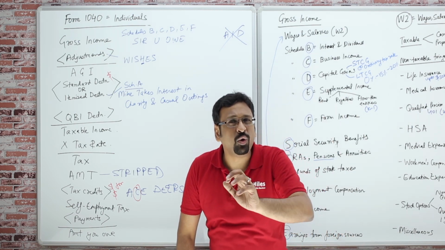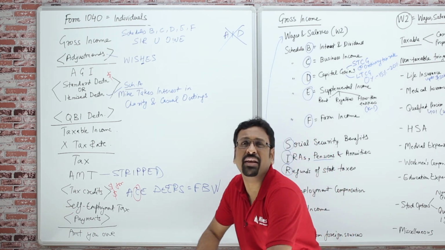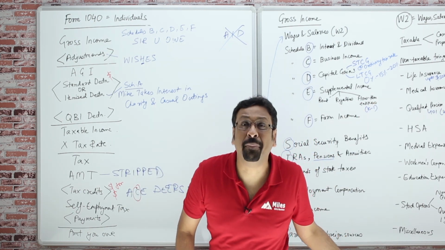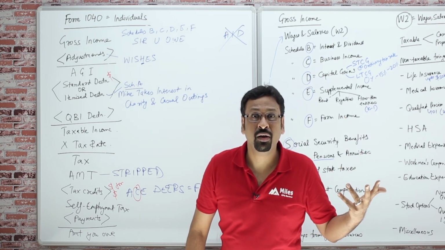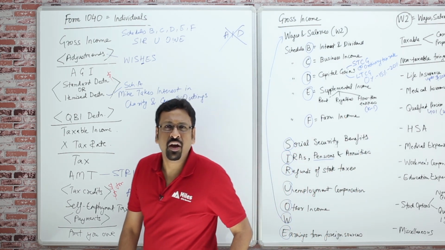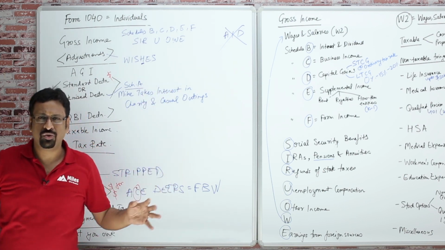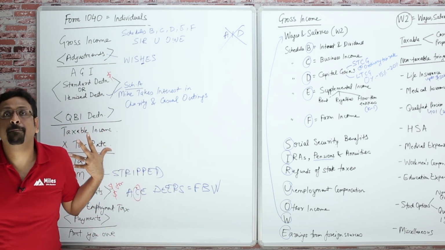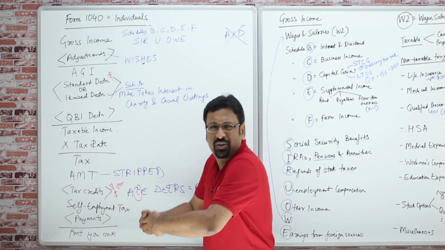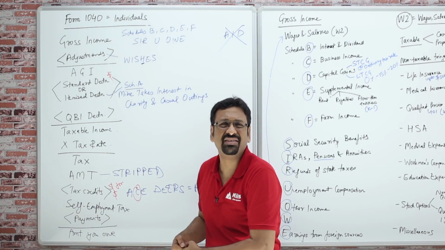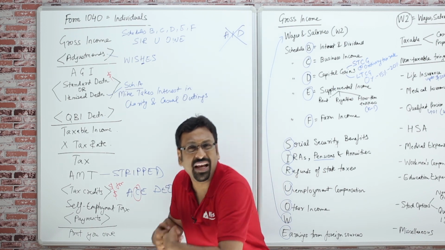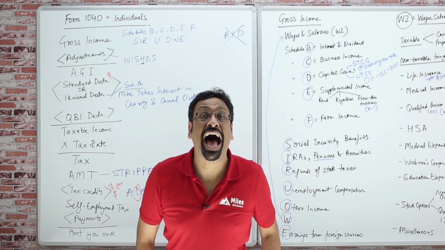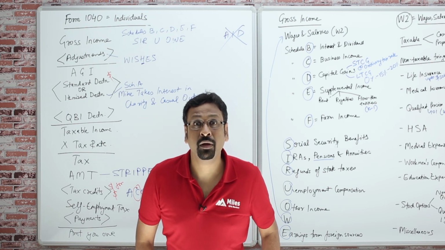So guys, not only do the husbands have to keep paying the alimony, they no longer get any deductible expense for that. So basically for the wives, it's good news. They're getting the alimony and they don't even have to pay taxes on it. For the husbands who are paying the alimony, it's bad news. They have to pay the alimony and they don't even get a tax deduction for the alimony paid.